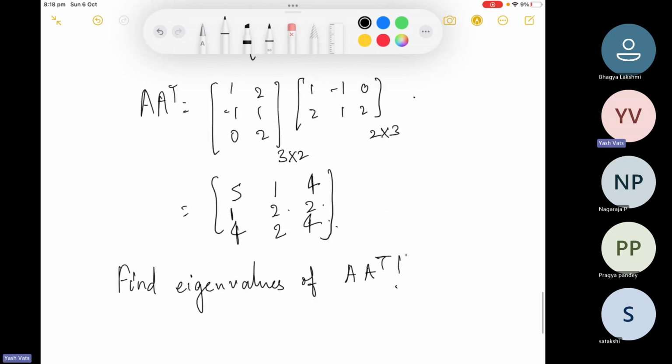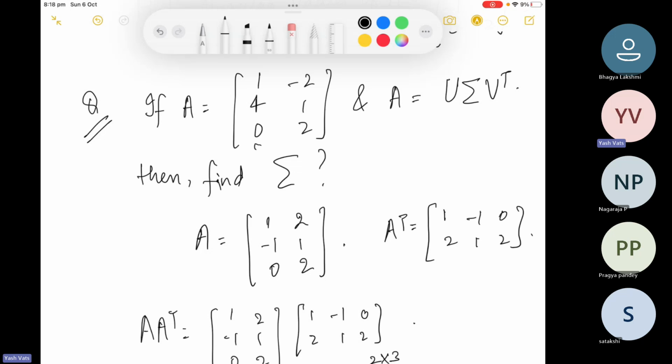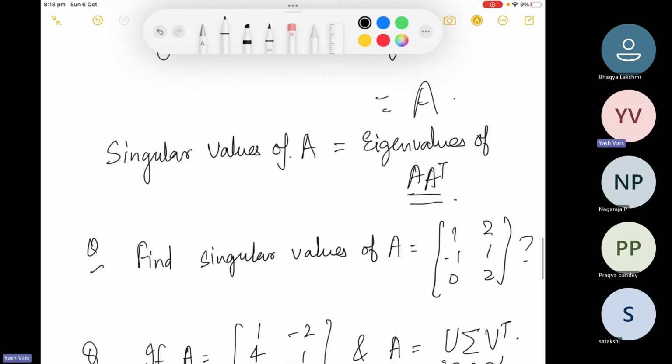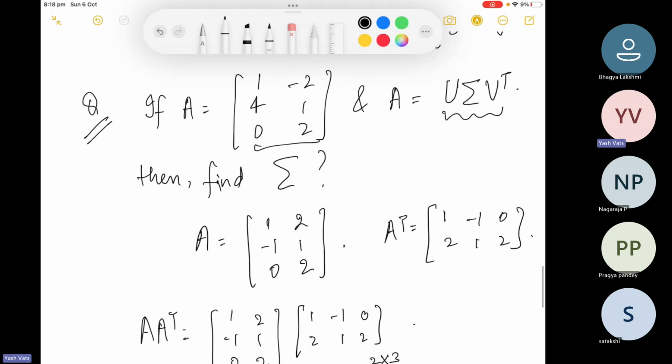Right. And what about this? You have to find U, sigma, and V transpose in the same way that you have done before. For this, you need to find the eigenvectors of A A transpose for U, and V is the eigenvectors of A transpose A, and you just make a matrix of orthogonal eigenvectors.